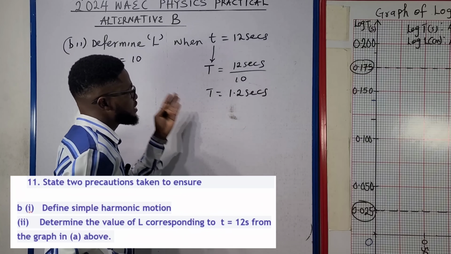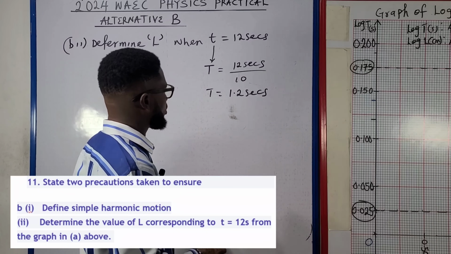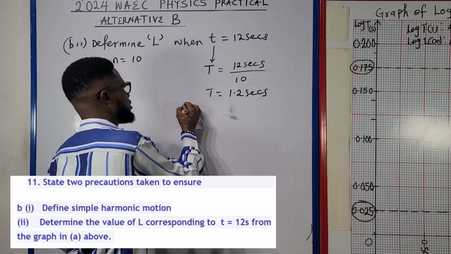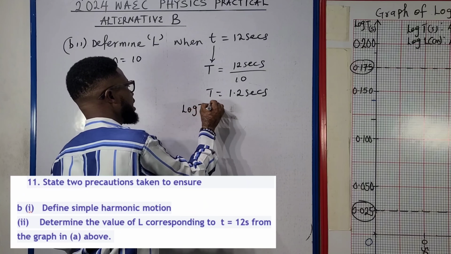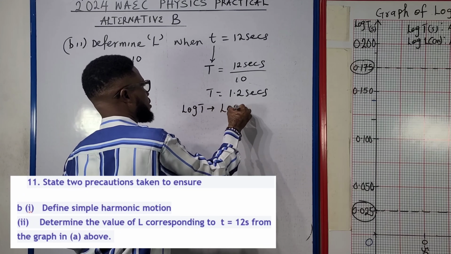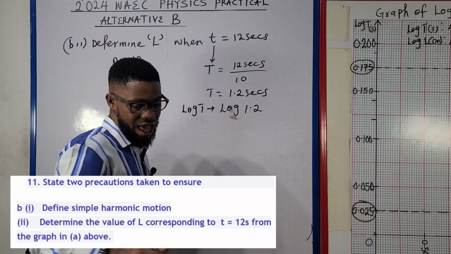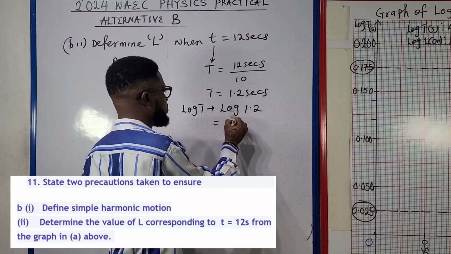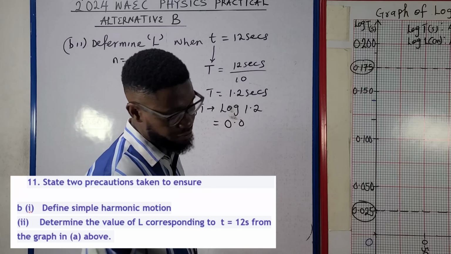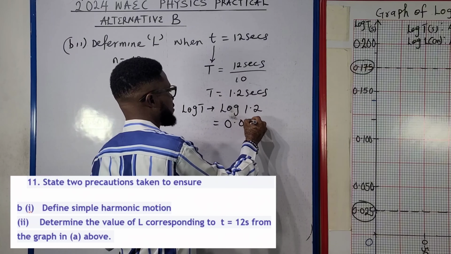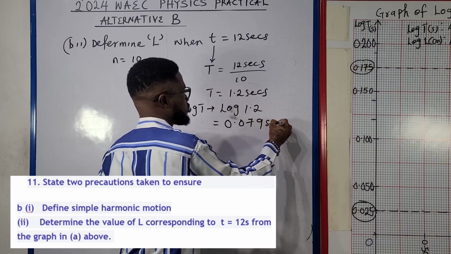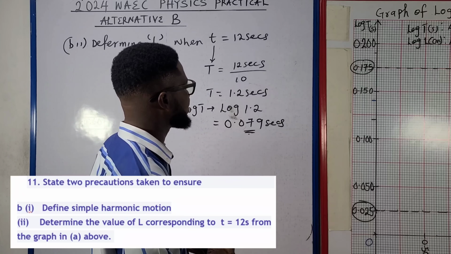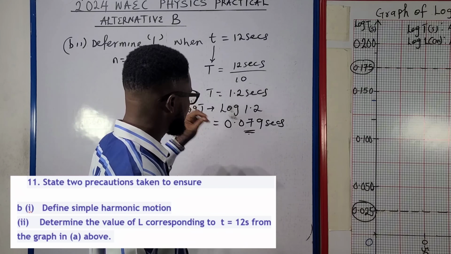Now that we have the period as 1.2 seconds, we can look for the log of T. So log T here means log 1.2, and when you compute log 1.2, you're going to get 0.079. It is this 0.079 that we have to trace out from our graph.